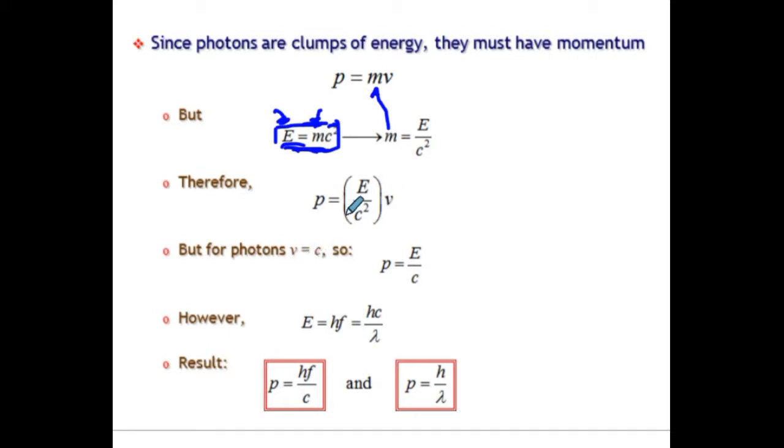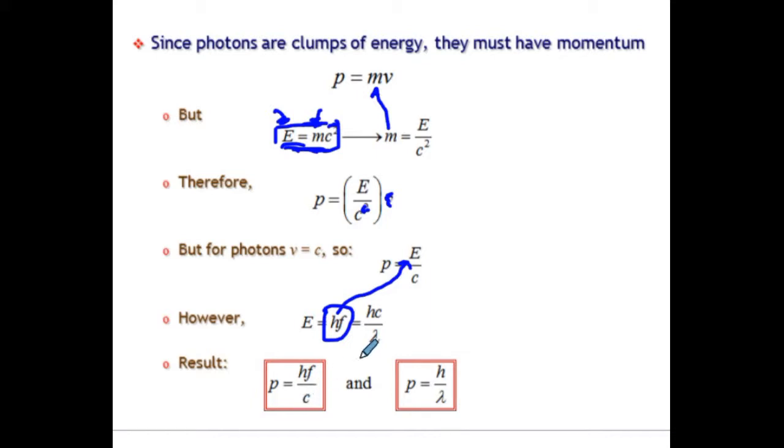So v really is c, which means you can cancel the squared with the velocity, because those are the same things, and it leaves you with the formula that momentum is equal to energy divided by the speed of light. Now, we also know that energy, according to Planck, is equal to hf, or hc over wavelength. So by doing one more step, you could put hf in for E, and that's where you get momentum is equal to hf over c.